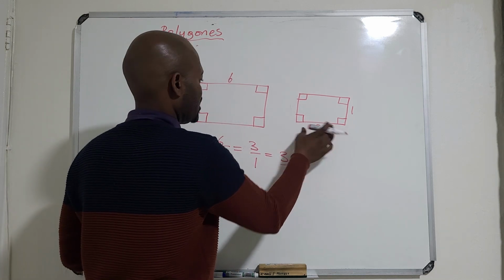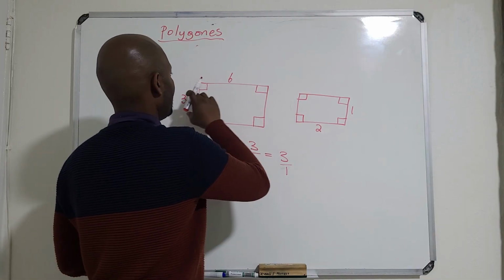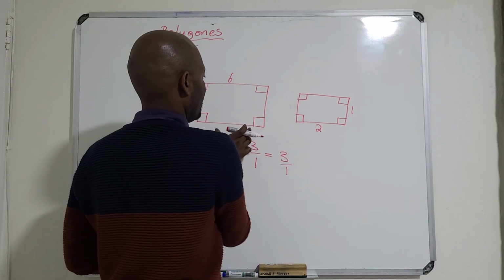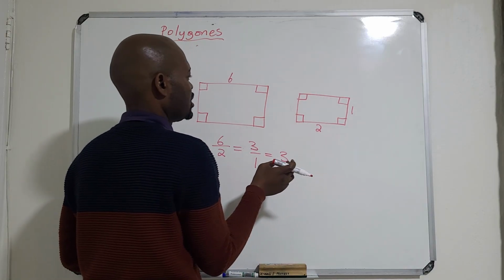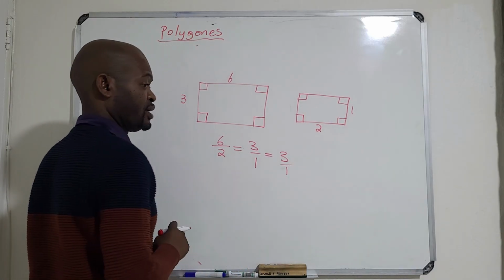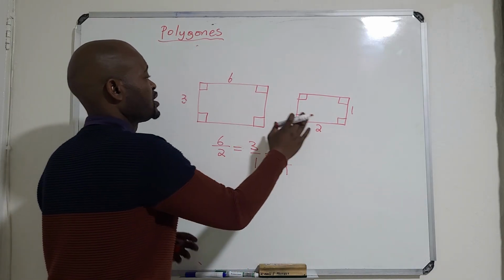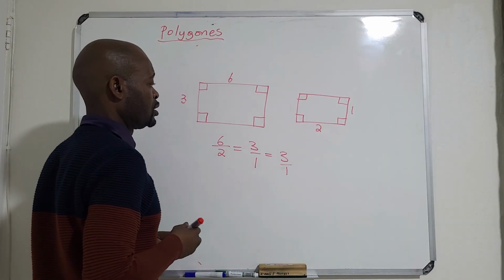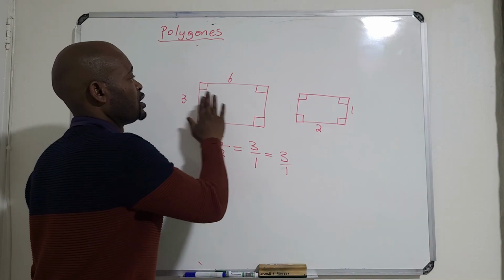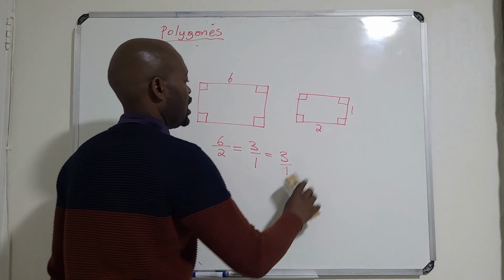This over that is 3, this over that is still 3. Therefore, sides are in proportion and corresponding angles are equal. Therefore, the two rectangles are similar.